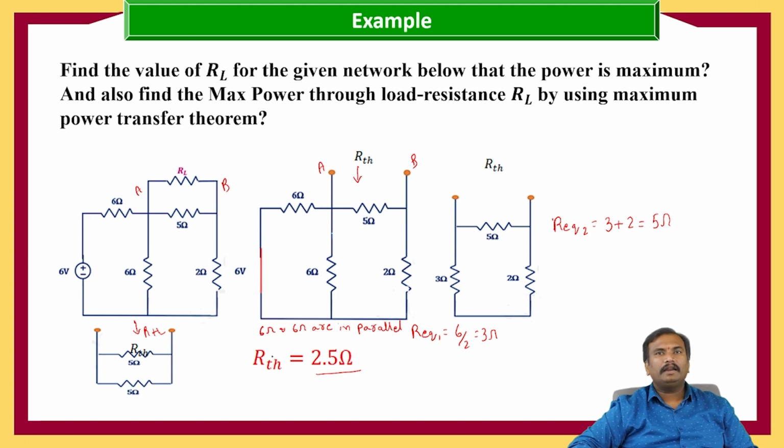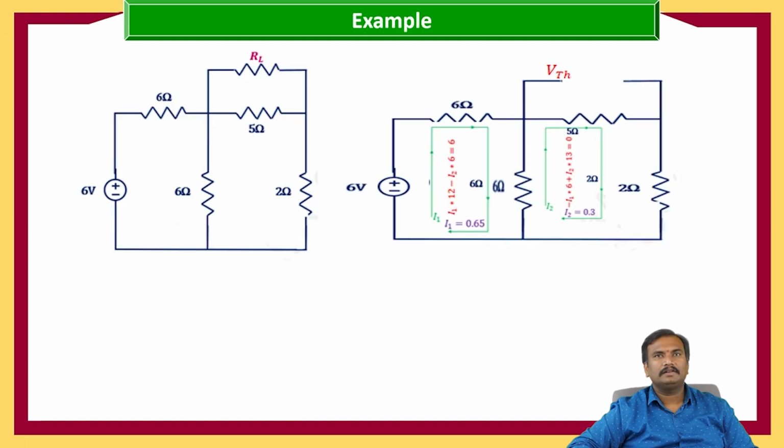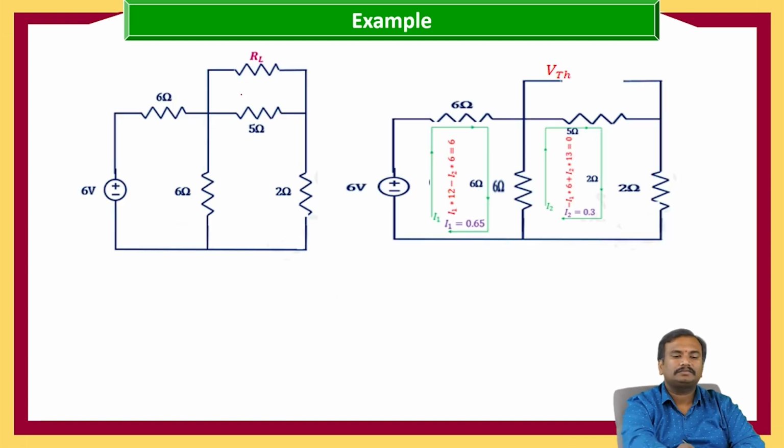Now we need to calculate VTH. For calculating VTH, we keep the source voltage as it is and remove the load resistance. So the load resistance is removed, that is open circuited, and the source voltage is kept as it is.